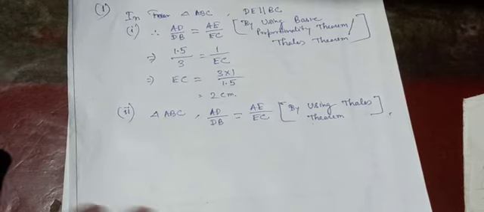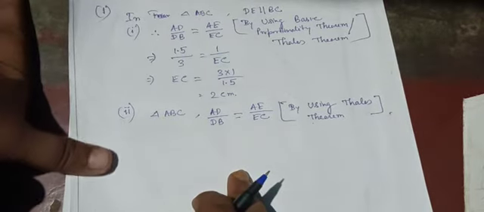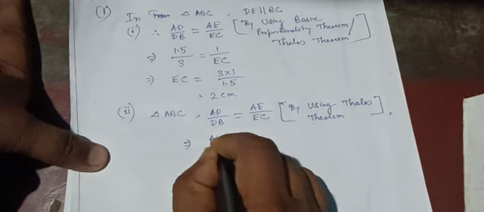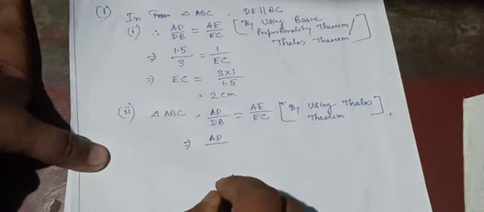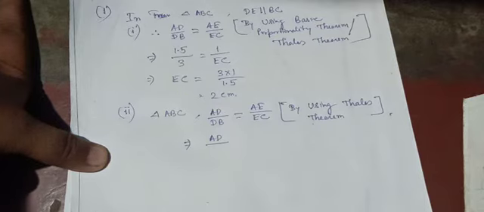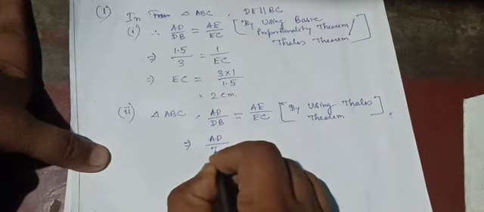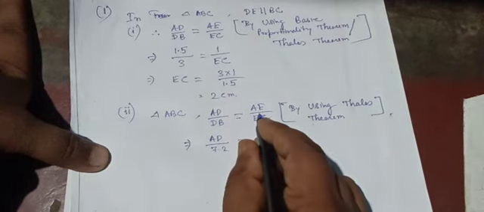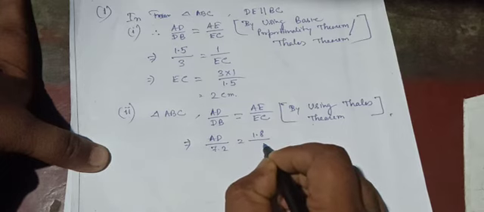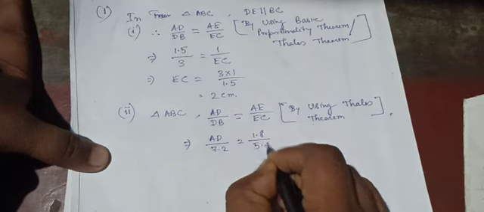We have to find AD. The value of DB is 7.2, the value of AE is 1.8 and the value of EC is 5.4.